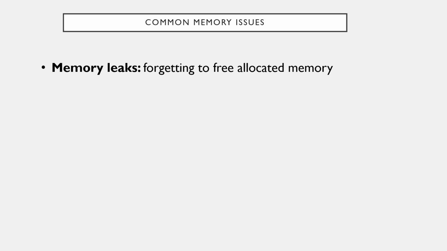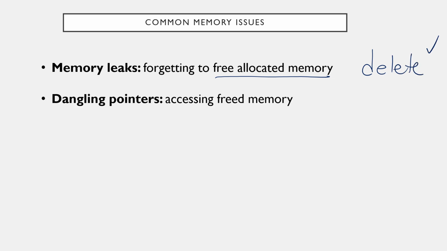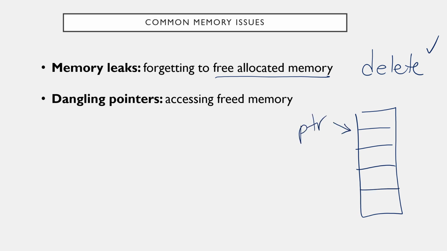All right, so some things you should not forget to use delete. Remember to use delete. There is also an issue of dangling pointers, like if you delete something, so if you had memory here, like this, and you have this pointer pointing here, and maybe another pointer too is pointing here, and then you delete, but you don't delete everything, you don't manage it right, and you end up with a pointer that points to nothing.